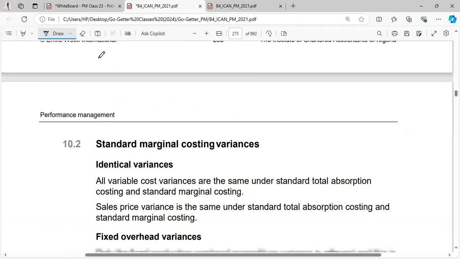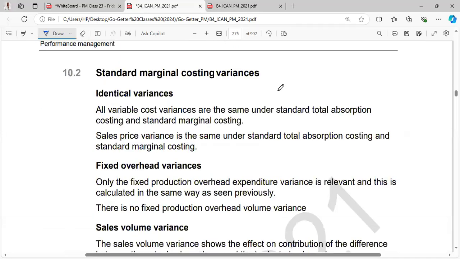Then standard marginal costing variances. All variable cost variances are the same under standard and marginal costing systems.